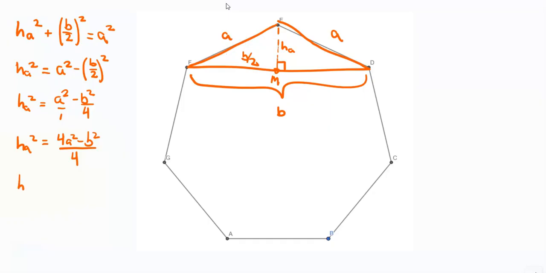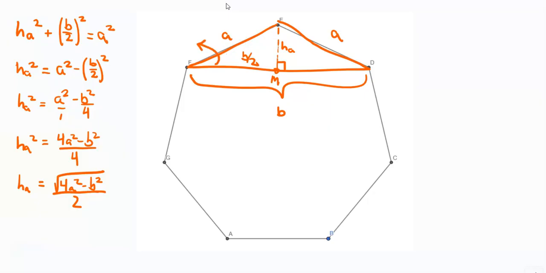We'll take the square root to both sides, so H sub A will equal the square root of 4A squared minus B squared, over the square root of 4, which is 2.